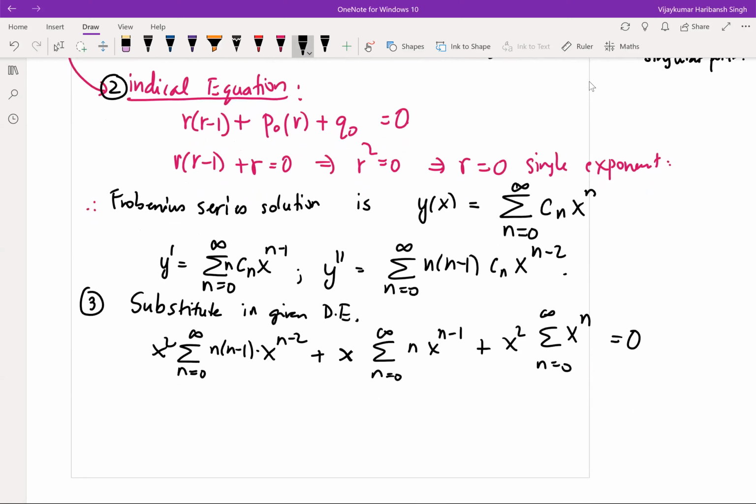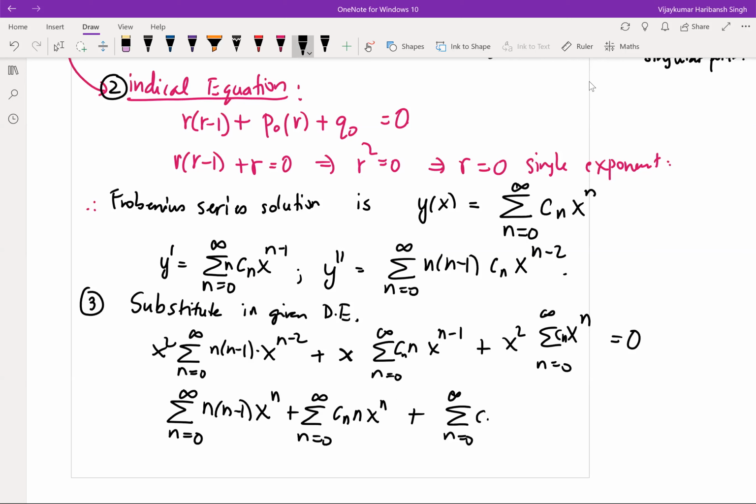So now we basically organize them together. We'll shift the indices. So we have summation n equals 0 to infinity n into n minus 1 Cn x to the power n plus summation n equals 0 to infinity Cn times n x to the power n, plus summation n equals 0 to infinity Cn x to the power n plus 2 equals 0.